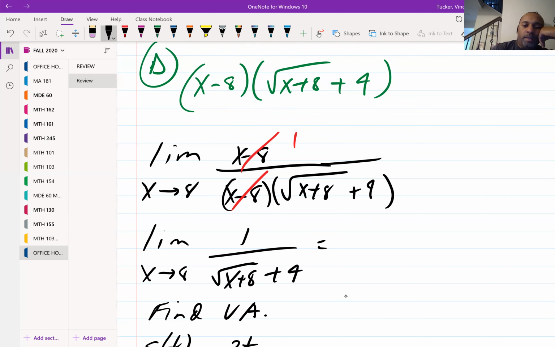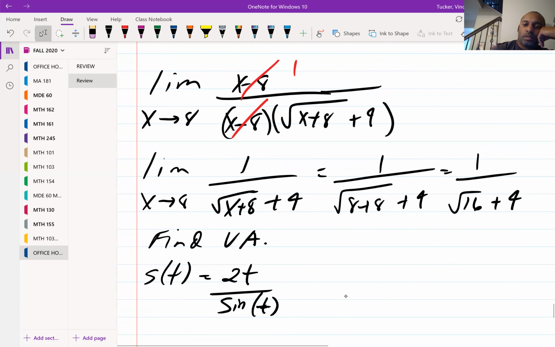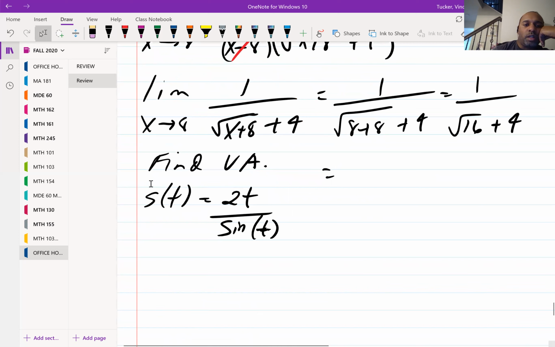Now we can plug in 8. Eight plus 8 under the radical is 16.